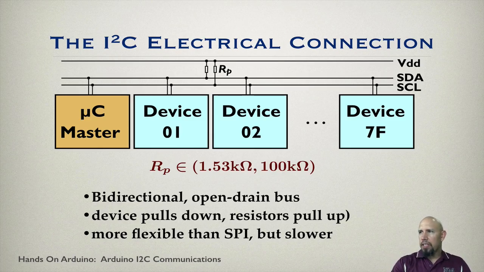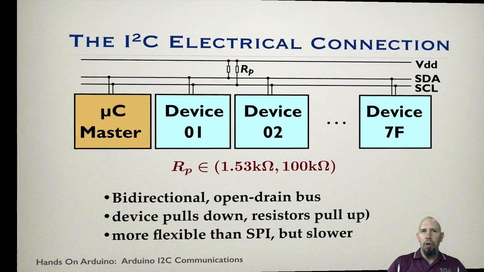This bus is bidirectional, and each of the devices has an open drain. Whichever device is communicating is actually pulling down, so one of these devices is grounding the cable, and that's what makes it low. This is more flexible than SPI communication, but it is slower in general.